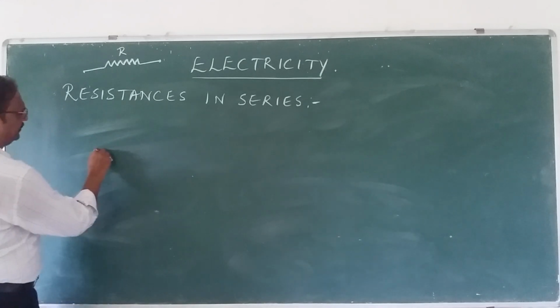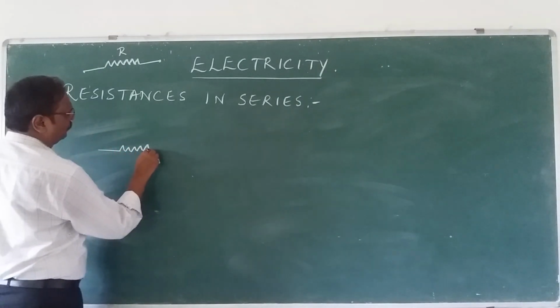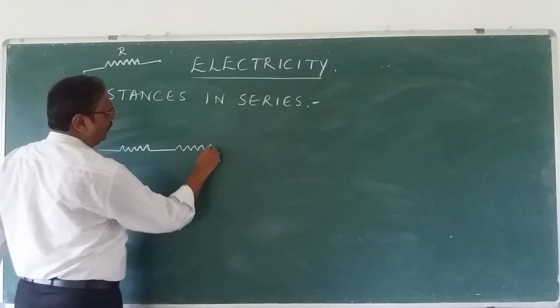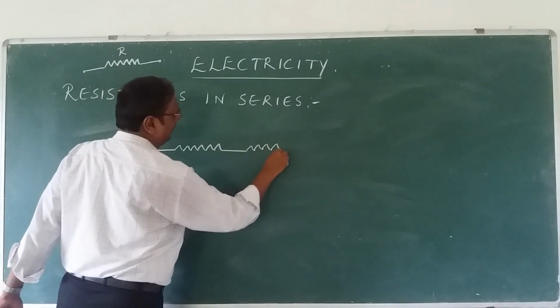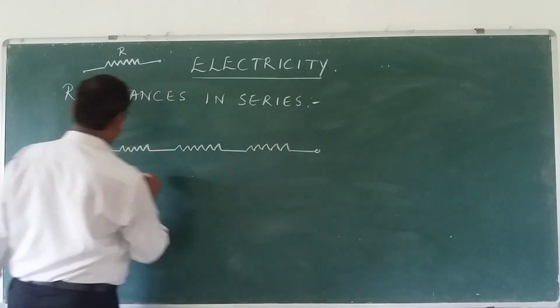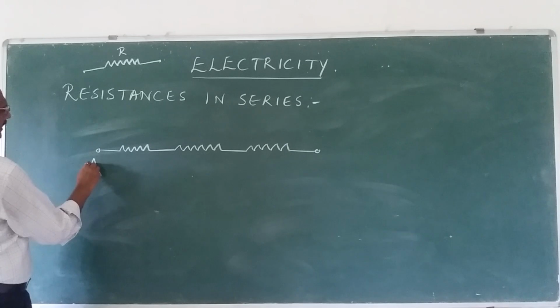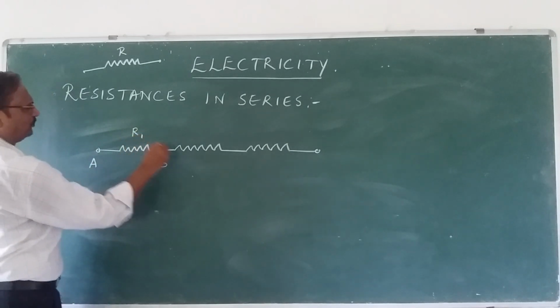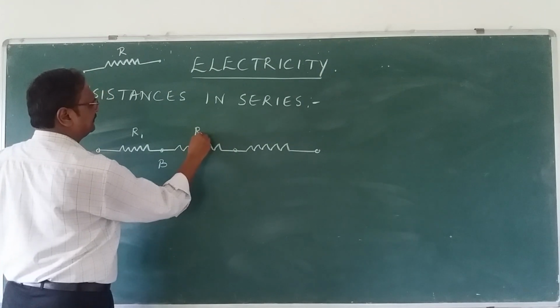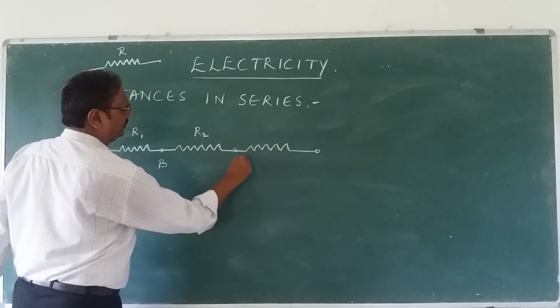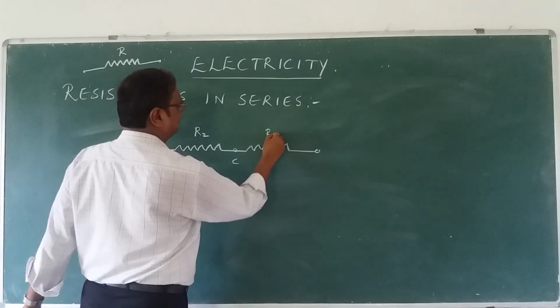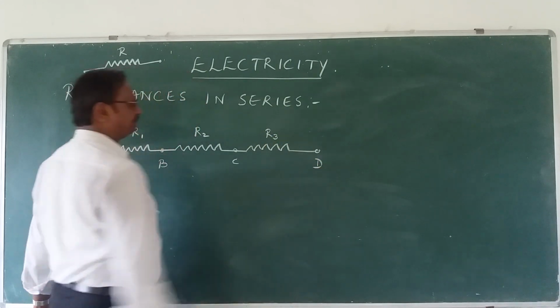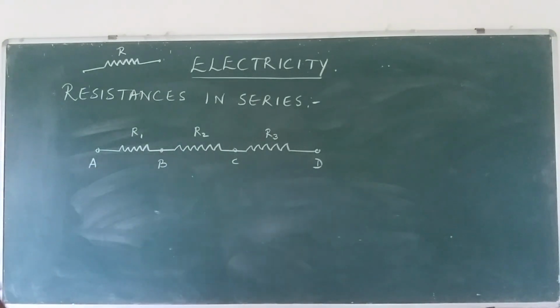Now I am going to take 3 resistances, 1, 2 and 3. Let this point be A, this point is B. Resistance R1 and this is resistance R2, this point is C, and resistance R3, point D. There are 3 resistances.